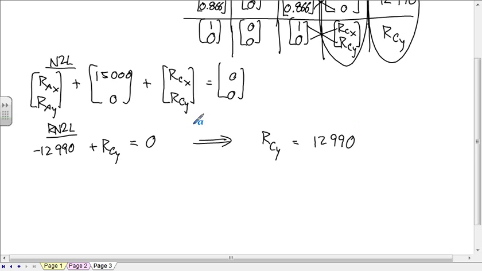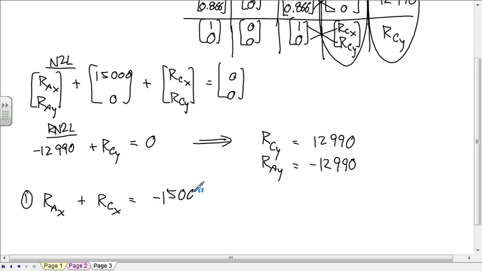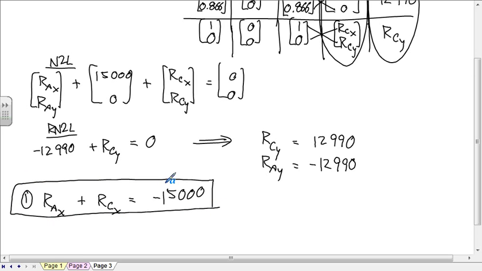And so then plug it in here, and we know that RAY is equal to negative 12,990. And then we only have one equation left. So the first equation that we're going to use to solve a system of equations says RAX plus RCX is equal to negative 15,000. So we'll come back and use that later.